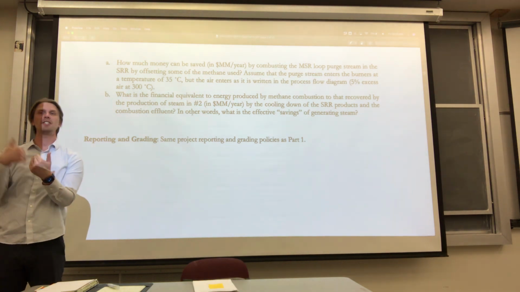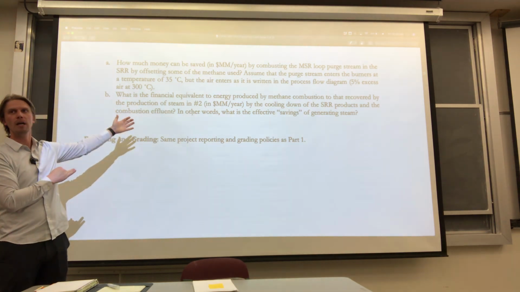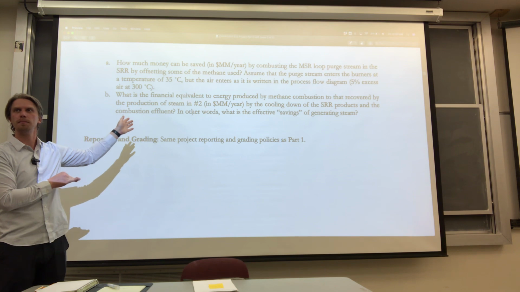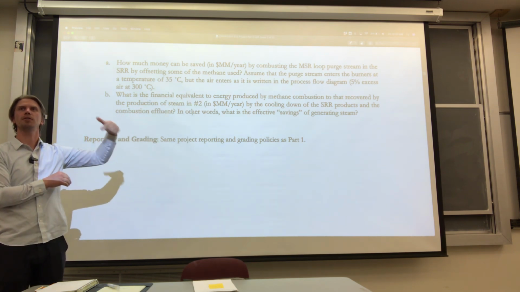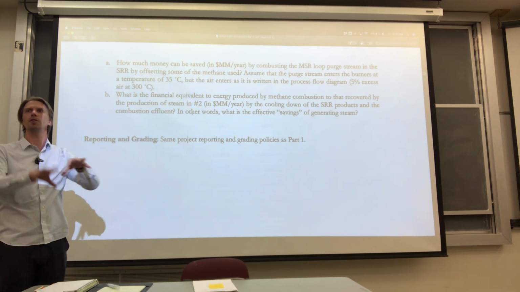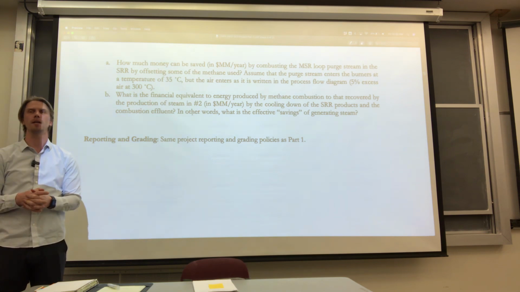How much heat are you extracting out of that? And what is its financial value if you use a conversion of $3 per million BTU? So they were asking you how much money are you saving by burning the purge gas stream and by generating that steam. So you'll start to see the scales of chemical engineering and why we care so much about this energy integration thing.